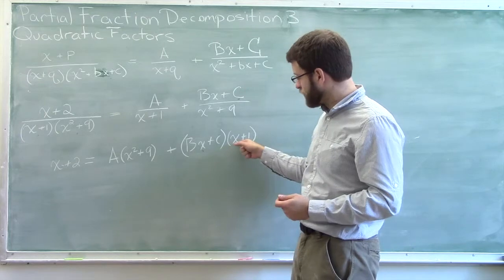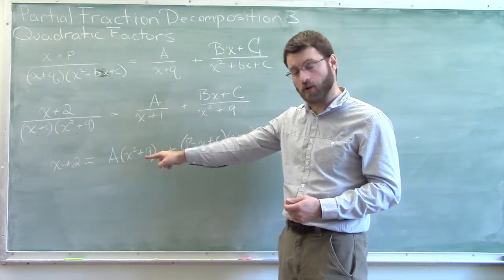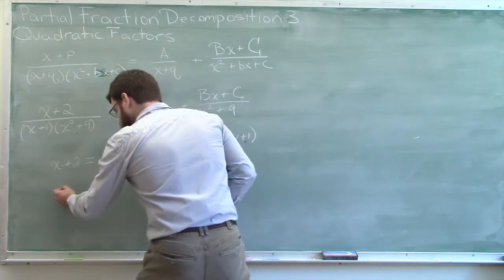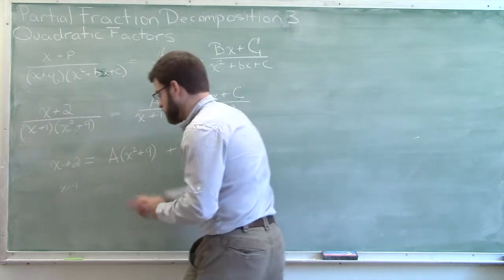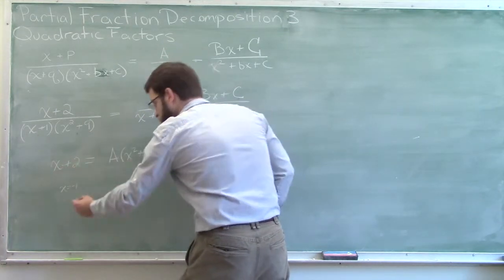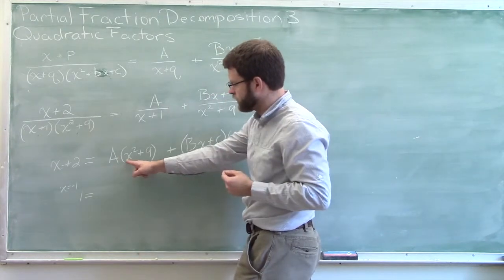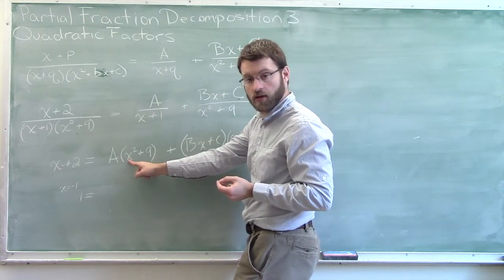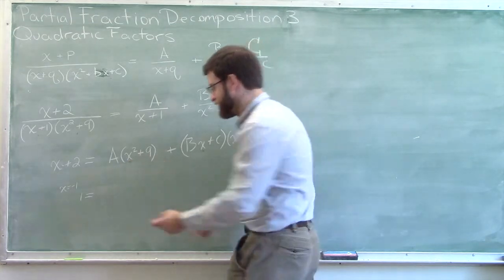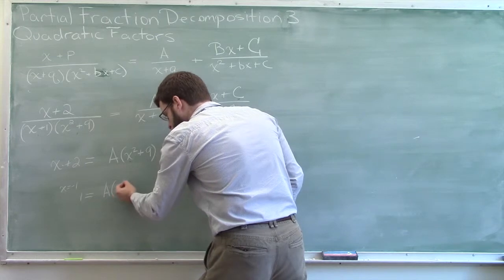We'll start out with x equals -1 because that's going to remove the b and the c, and that'll tell us something about a. So we choose x equals -1. If I substitute that on the left, I get -1 plus 2 is +1. I substitute x equals -1 into the coefficient of a. I get -1 squared is going to be +1 plus 9, so I get a multiplied by 10.